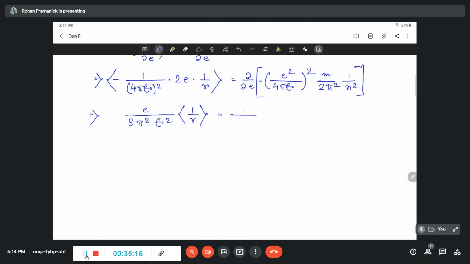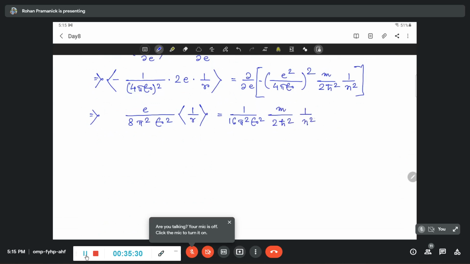This is 1 by 4 pi epsilon 0 whole squared, so 16 pi squared epsilon 0 squared, m by twice h cut squared, 1 by n squared, and e to the power 4, whose derivative is 4e cube.